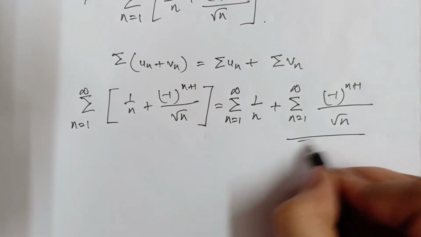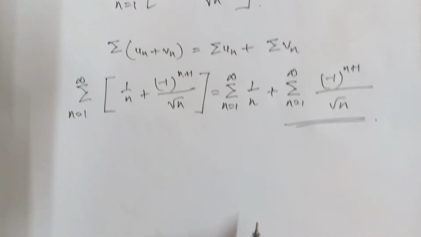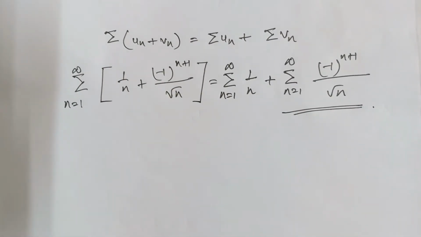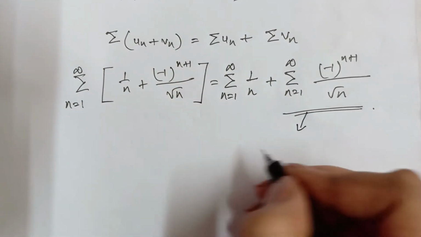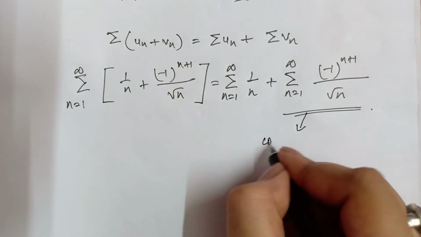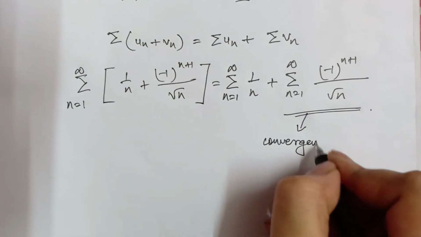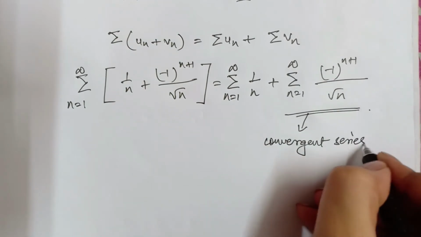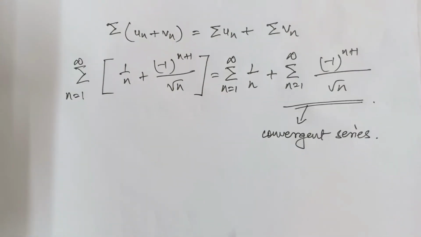So the second series that we get is a convergent series, and we can prove this by Leibnitz test.